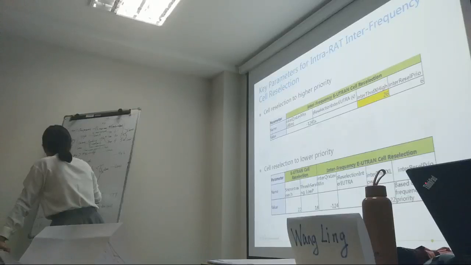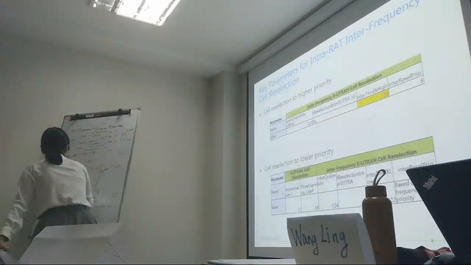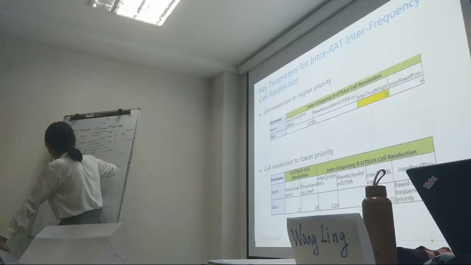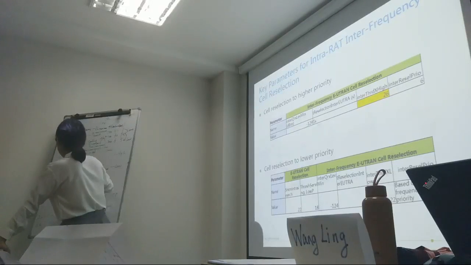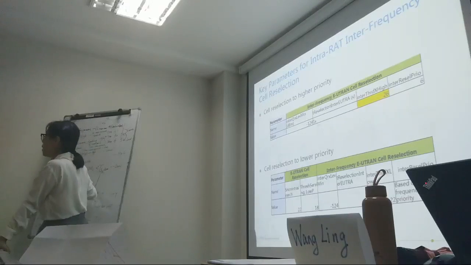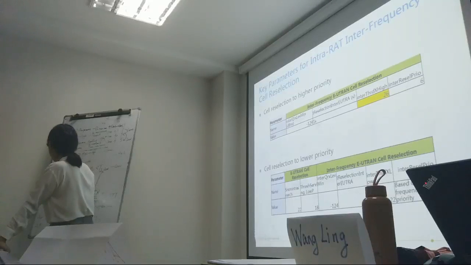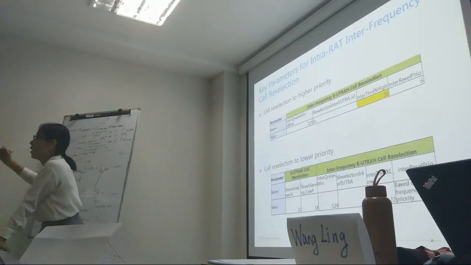This is one parameter for the as intra search. If the coverage is lower than this value, the UE will first perform the intra search and find same priority cells. If it finds another cell greater than the measurement threshold, it will reselect to it.